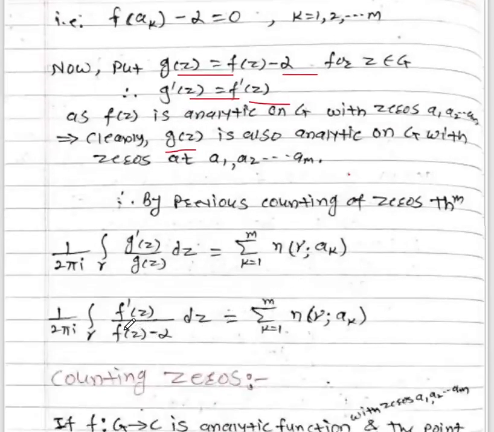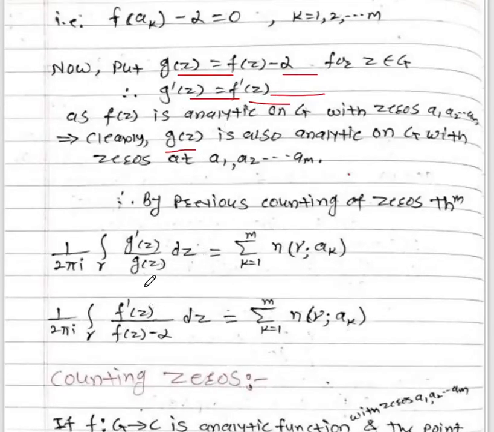So putting the values of g dash of z and g of z from these equations, we can write f dash of z upon f of z minus alpha dz equal to summation k equal to 1 to m index of closed curve gamma at point ak. So this is the complete proof of the corollary of the counting of zeros theorem.